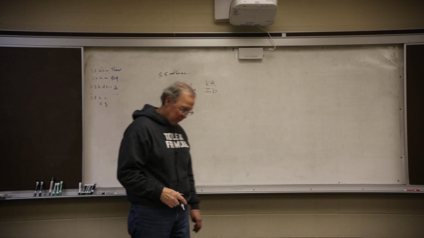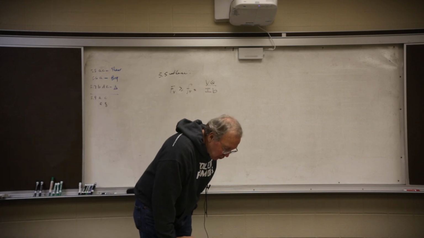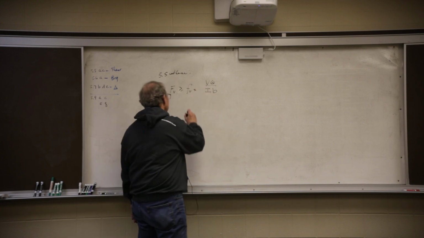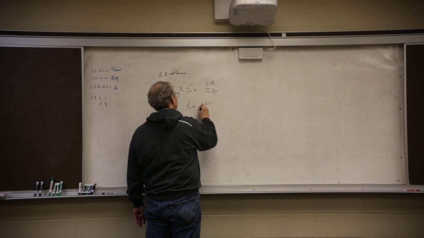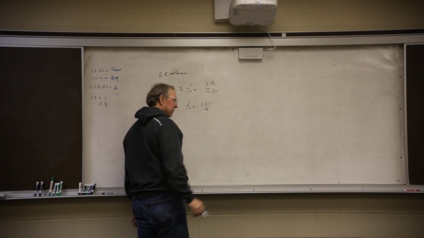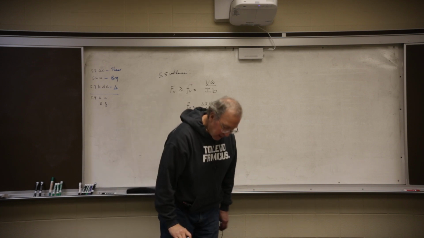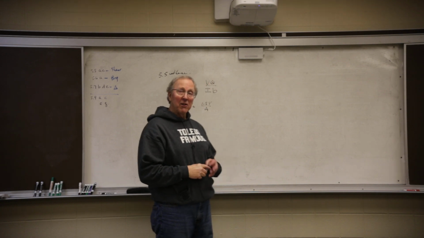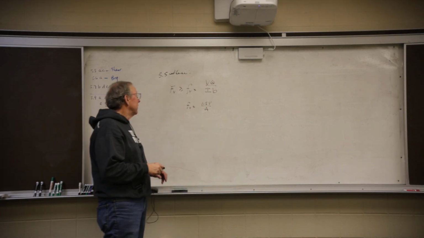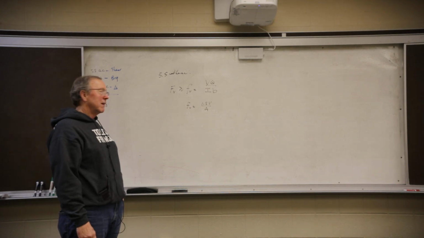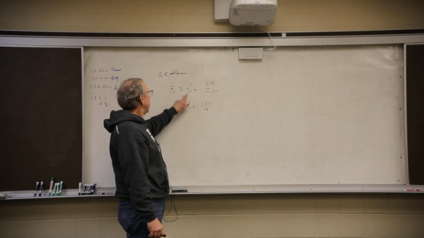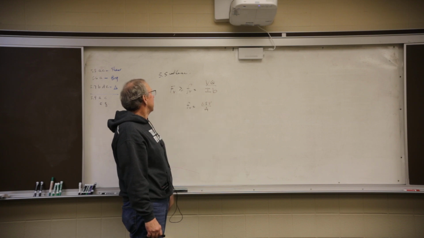Look in the book. If you're on page 207, you've got this equation. I don't know about you, but if I look through my glasses, those things don't even appear to be close to each other. This little FV is there. This V is there.